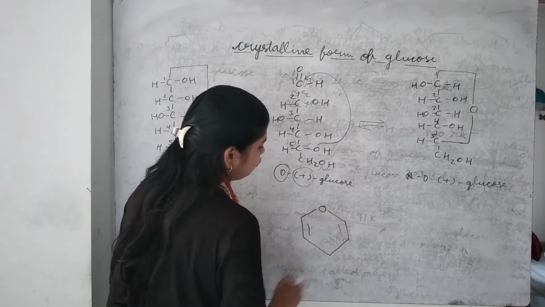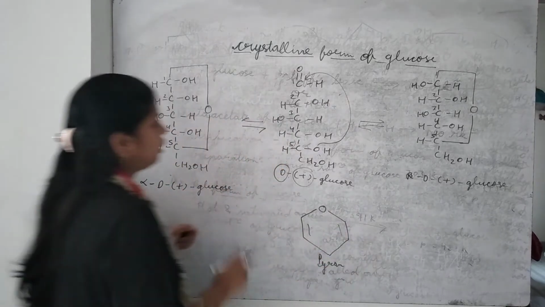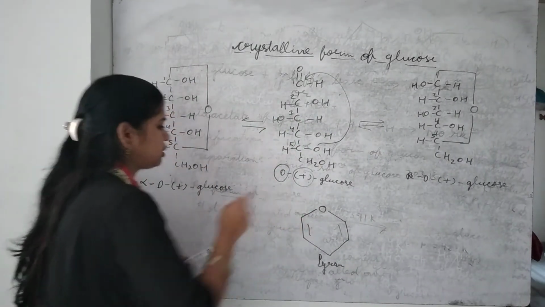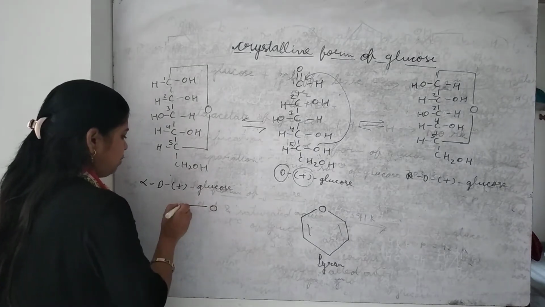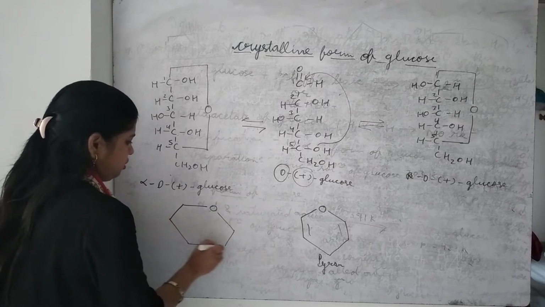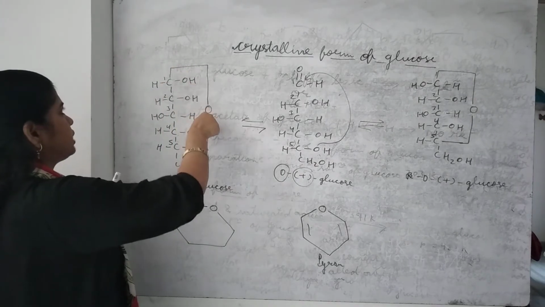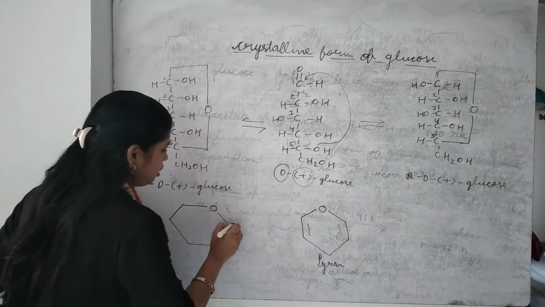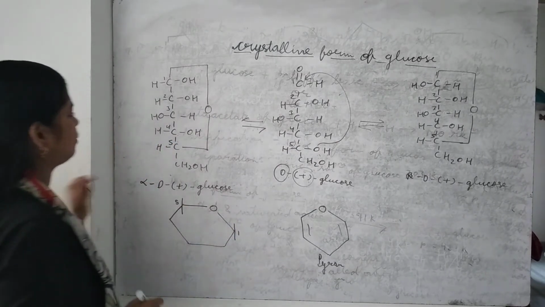It is called pyran. Now both these structures resemble pyran, only the double bond is not there. So here there is oxygen, 5 carbon atoms should be there. Look at here, this oxygen is bonded to first carbon atom and fifth carbon atom. So here there will be first carbon atom and this is fifth carbon atom.